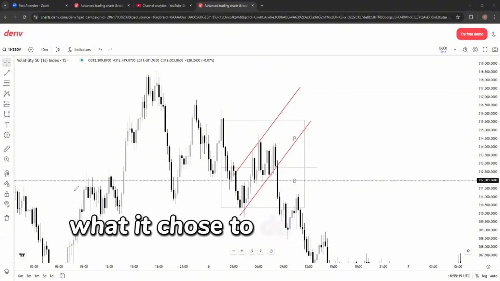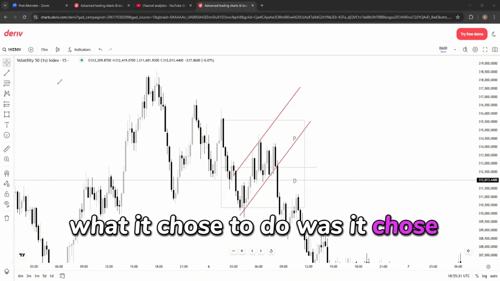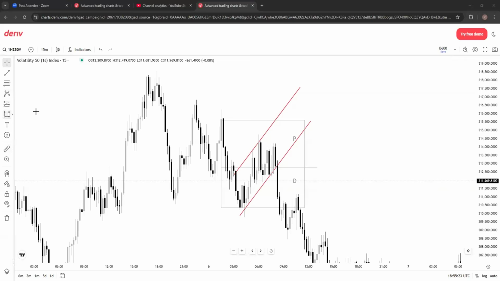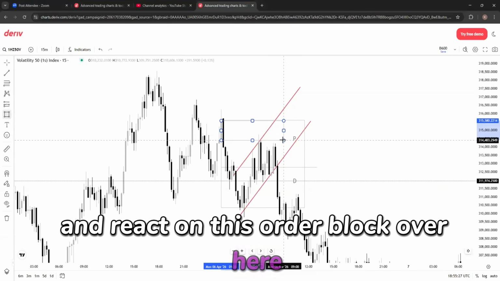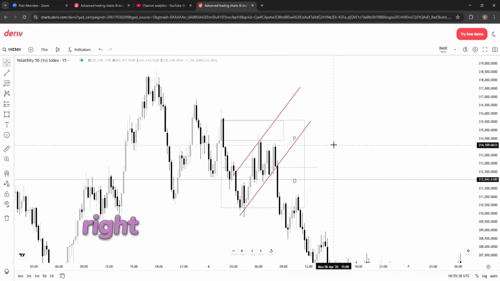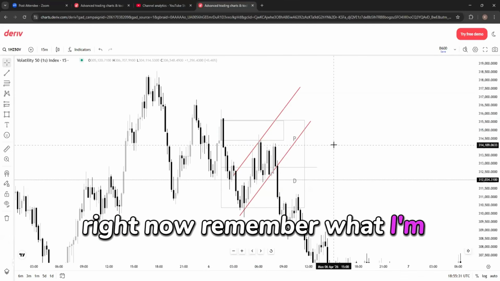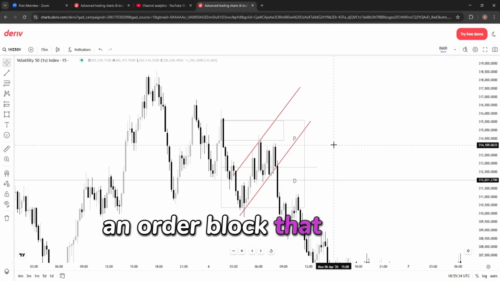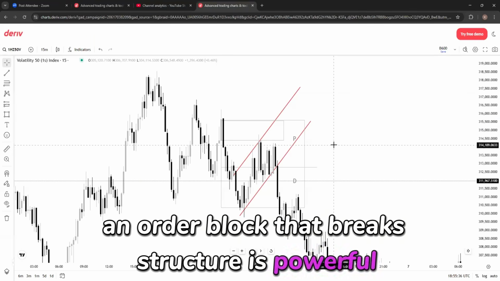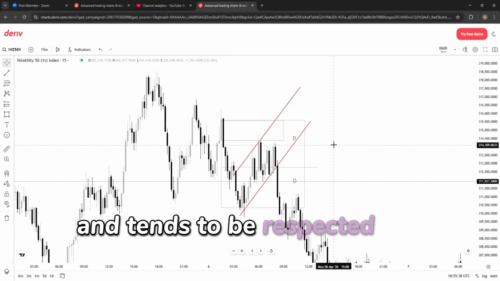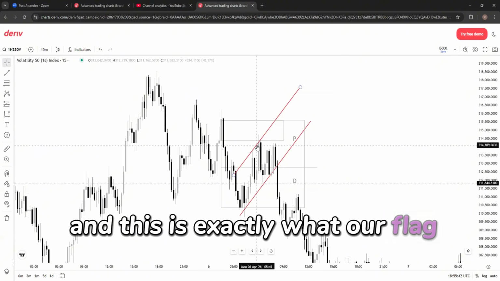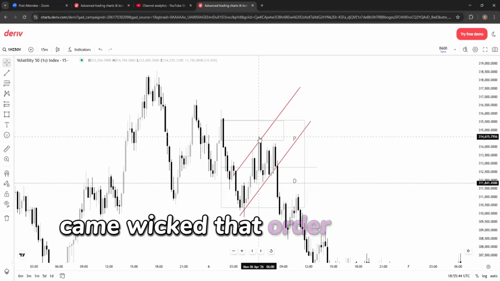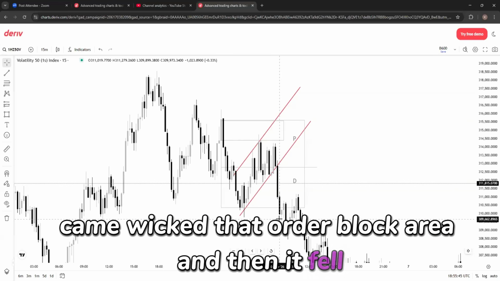It chose to come and react on this order block over here. Now, remember what I'm always teaching you. An order block that breaks structure is powerful and tends to be respected very much by price. And this is exactly what our flag did. It came, wicked in that order block area, and then it fell.